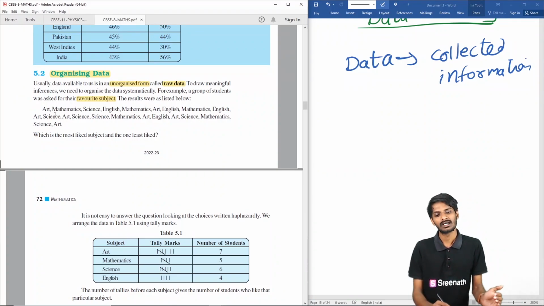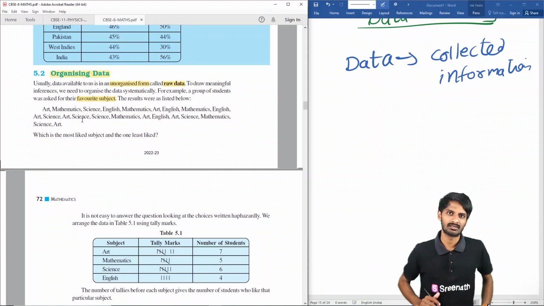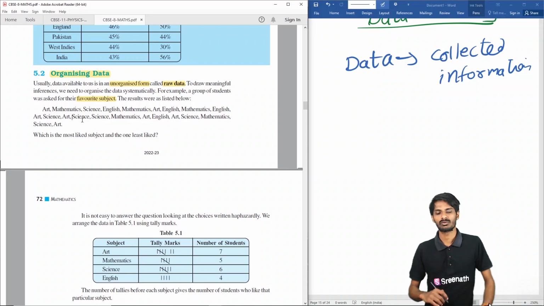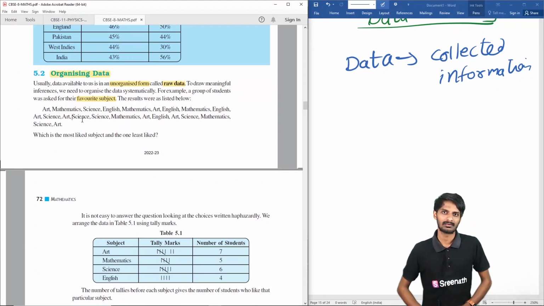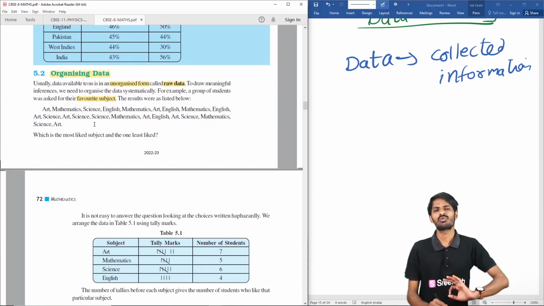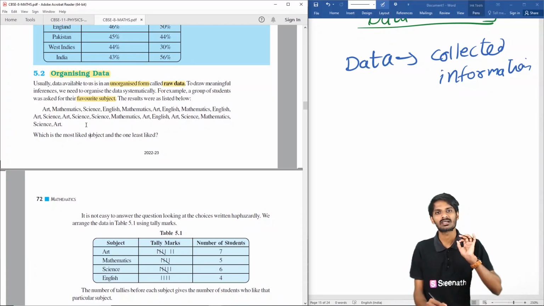The information is collected and it is the raw data. So it is not organized. What is the problem with it? Now if I ask you one question, can you tell the answer within seconds or within minutes?